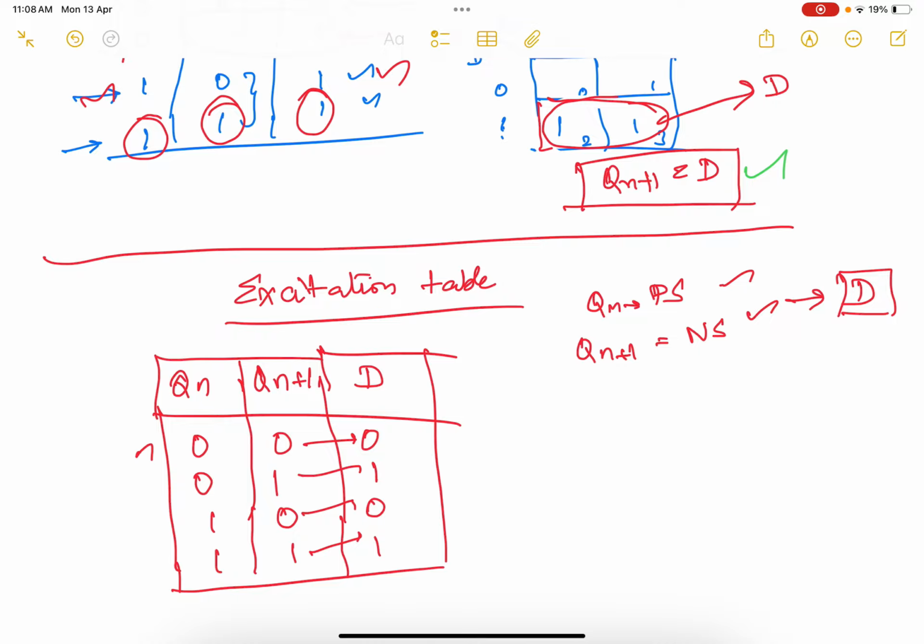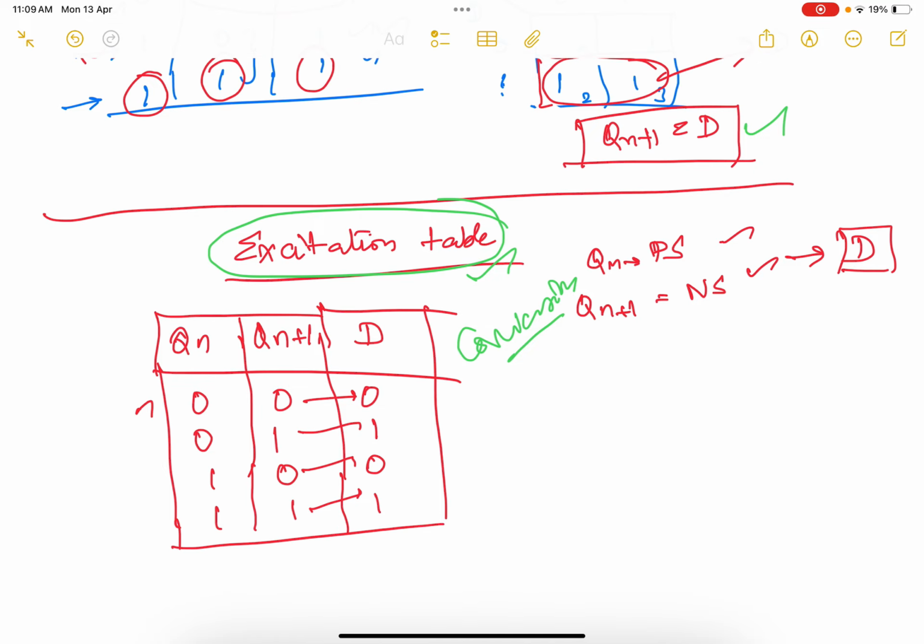When I want to convert one type of flip-flop to another type, that is, convert a D flip-flop to a JK flip-flop or T flip-flop or SR flip-flop, until now we have seen only the SR flip-flop. We have not focused on JK or T. In this class we have discussed the D flip-flop. Similarly, the other two flip-flops will be discussed in upcoming videos. If you want to convert any flip-flop to any other type of flip-flop, then the excitation table is mandatory.